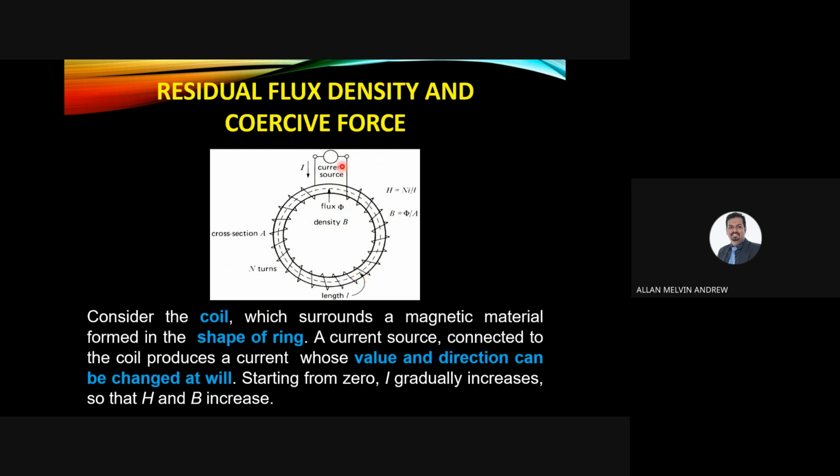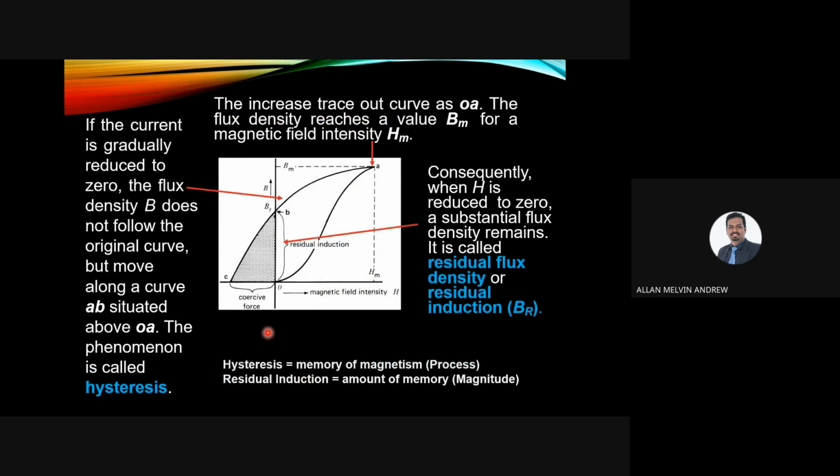So when the current is given, it will increase from zero. It will gradually increase. When the current increases, the value of H and B also will increase. So we can see the increase starts from here. The increase traces out the curve OA.